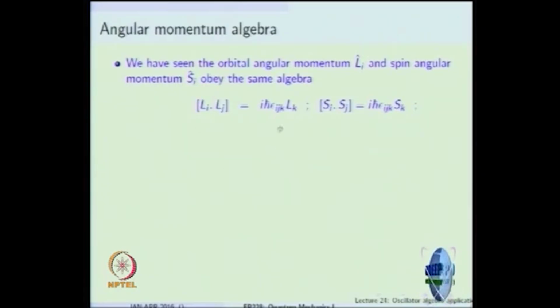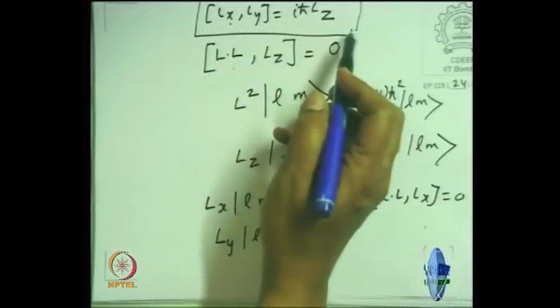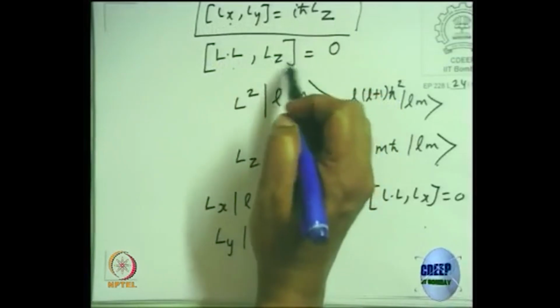So recall the orbital angular momentum and the spin angular momentum, which we discussed last week for the Stern-Gerlach experiment. So [Lx, Ly] is i h-bar Lz, and L dot L commutes with all the components.